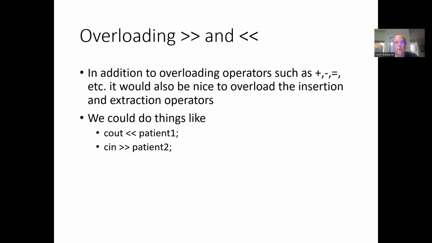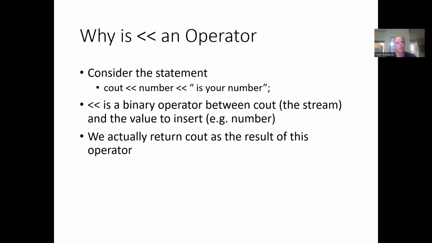In addition to overloading operators such as plus, minus, multiply, and assignment, it would also be nice to overload the insertion and extraction operators. So we can now do things like cout patient 1 or cin patient 2 and have those work the way that we would expect. Basically these two arrows are the insertion operator.